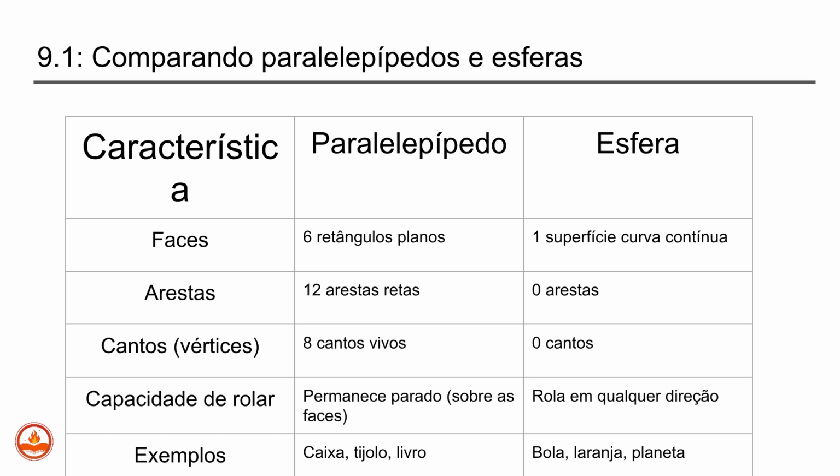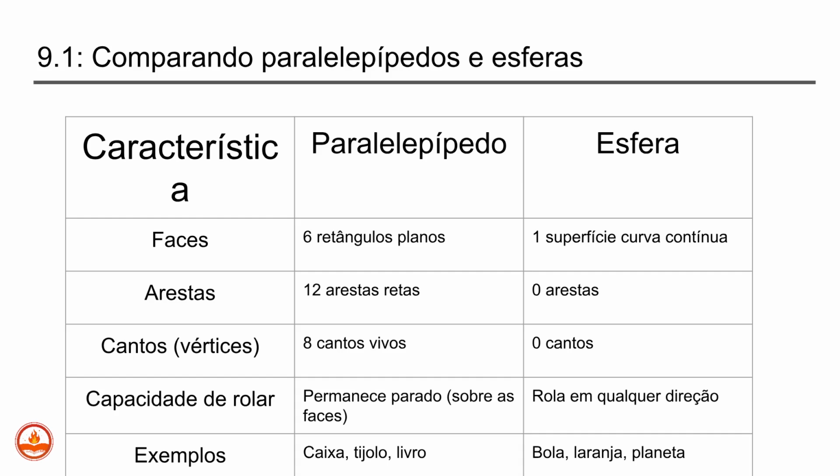Let's now go over the characteristics and compare cuboids and spheres. We will look at the features that both have. Some features for both of them that we will look at include faces, edges, corners, ability to roll, and some examples.